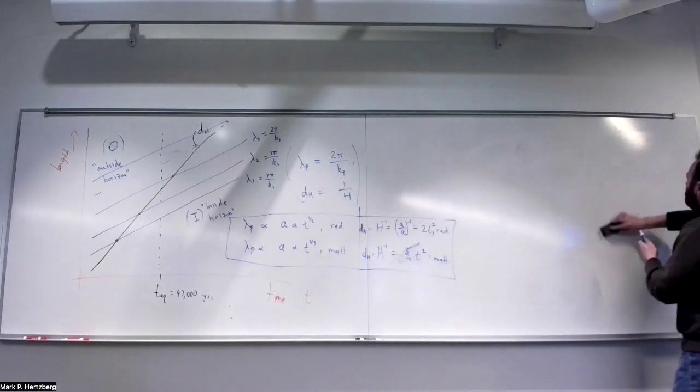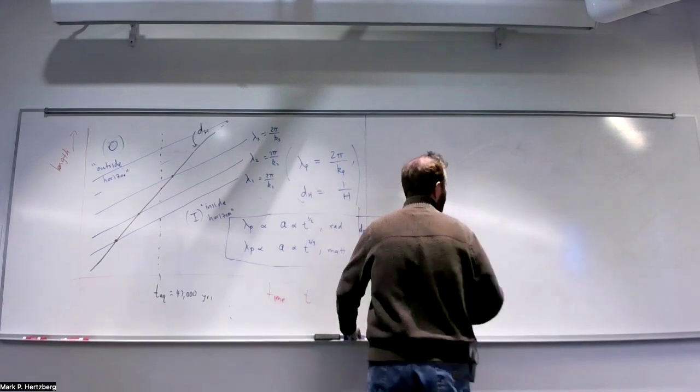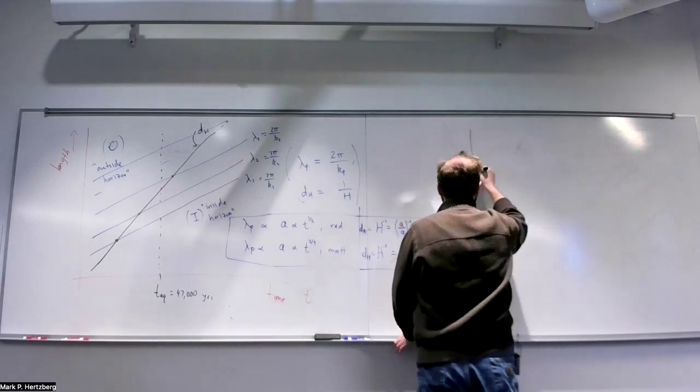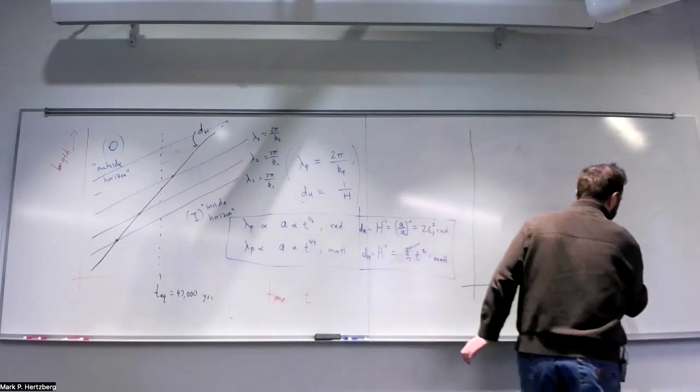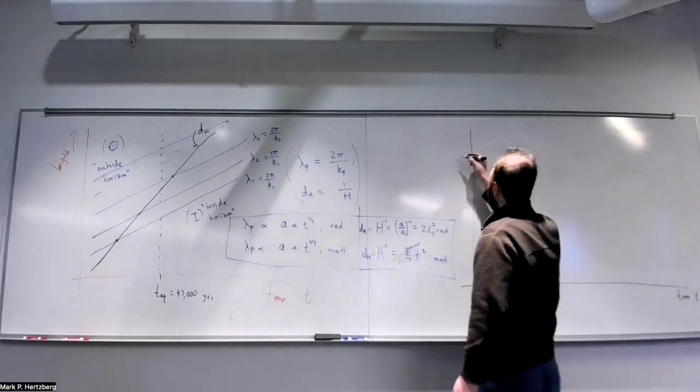So we want to use our knowledge of how things grow from the last couple of lectures. Okay, so here's our time. And we're going to be plotting these deltas.